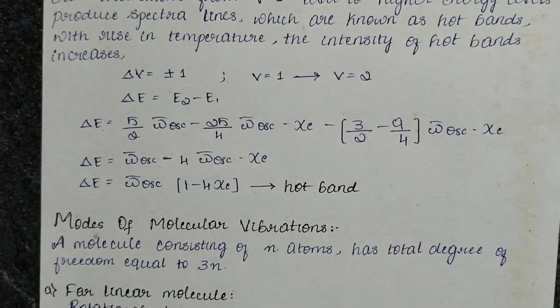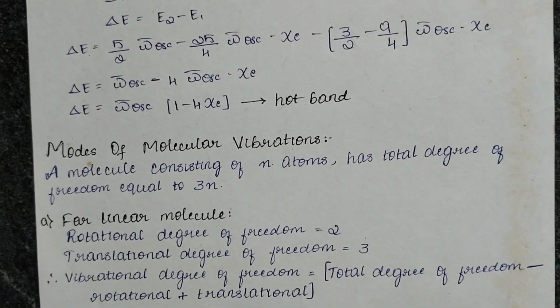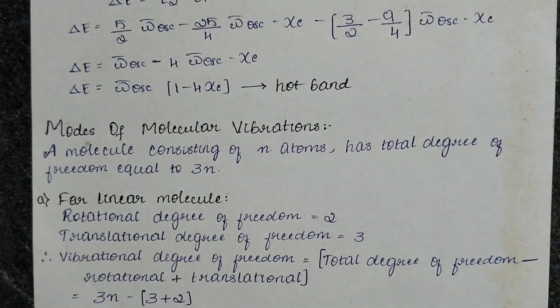Now let us see for a linear molecule. When we consider a linear molecule, its rotational degree of freedom will be 2 and its translational degree of freedom will be 3, and therefore the vibrational degree of freedom.